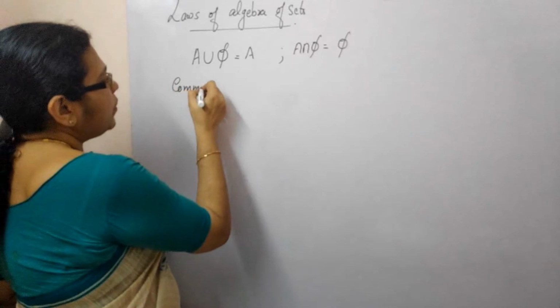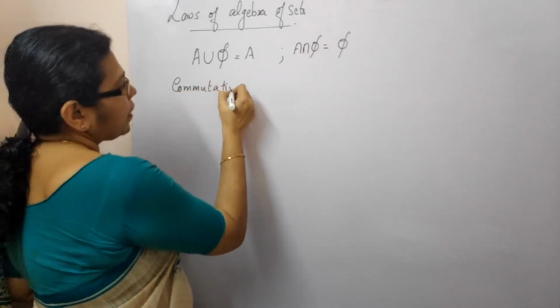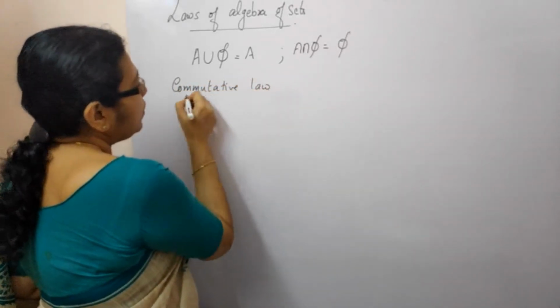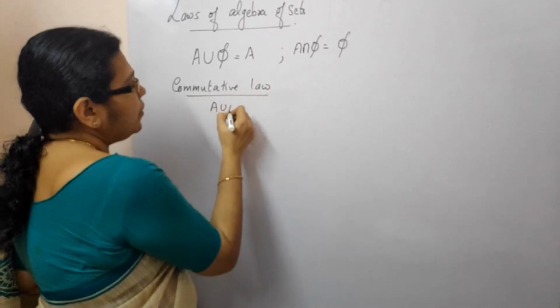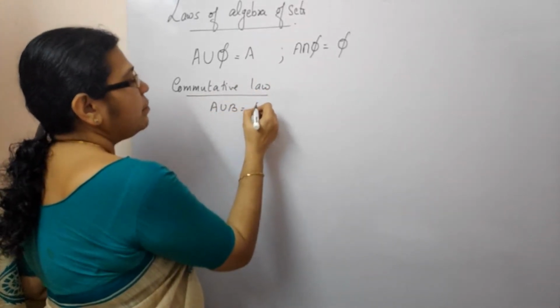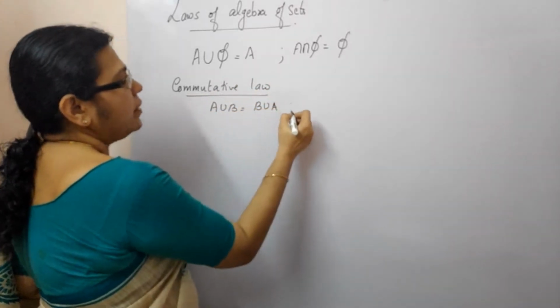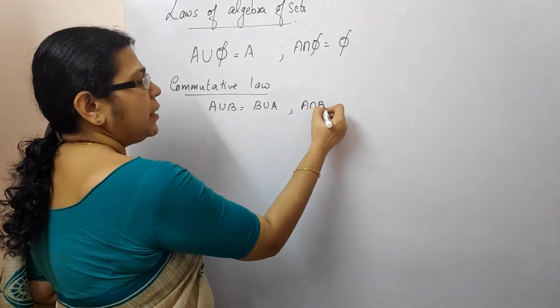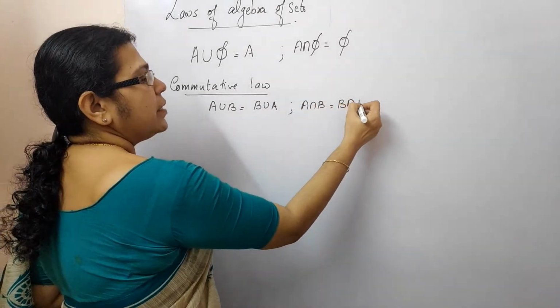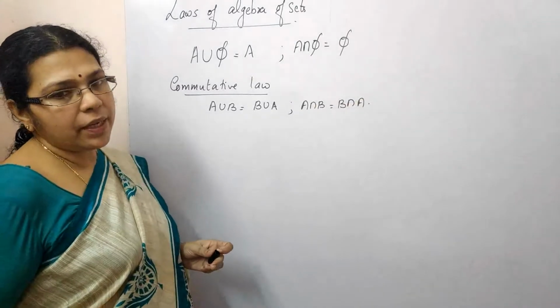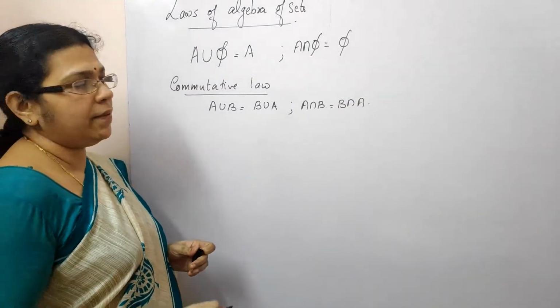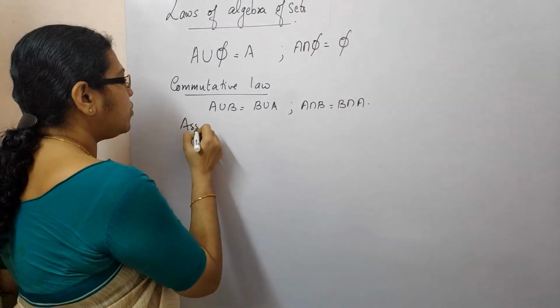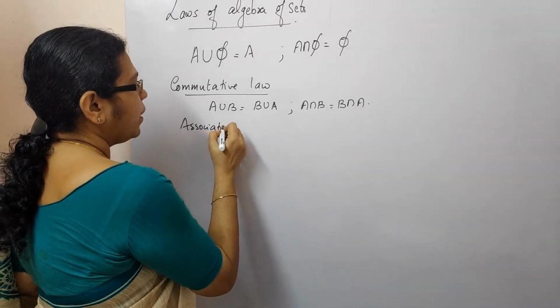Then comes the commutative law. If A and B are two sets, then A union B is same as B union A, and A intersection B is same as B intersection A. Okay, so that is the commutative law. Next is the associative law.